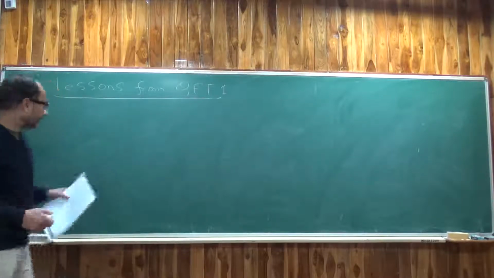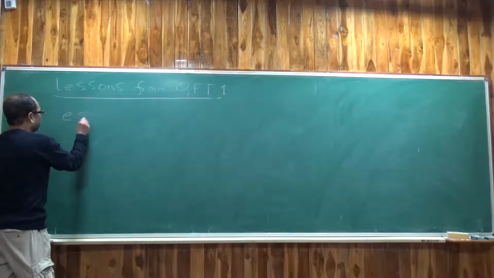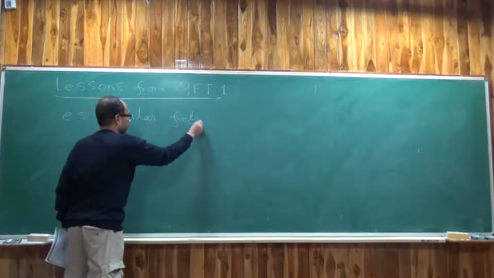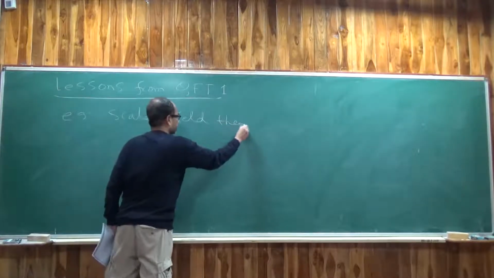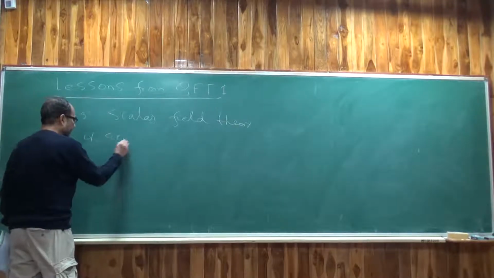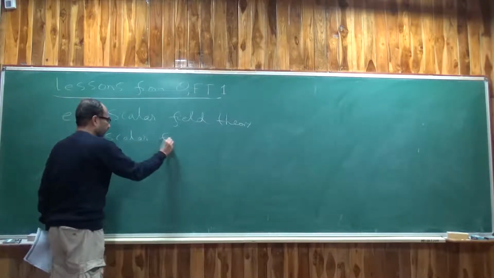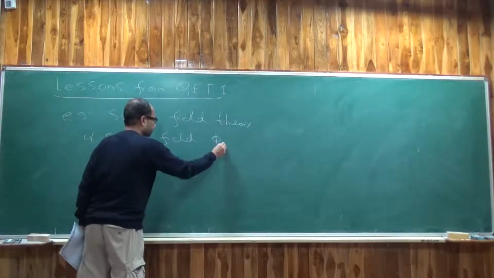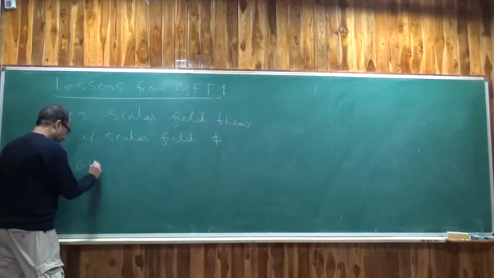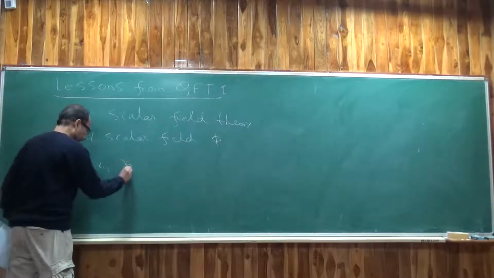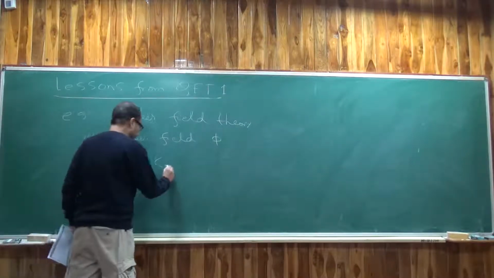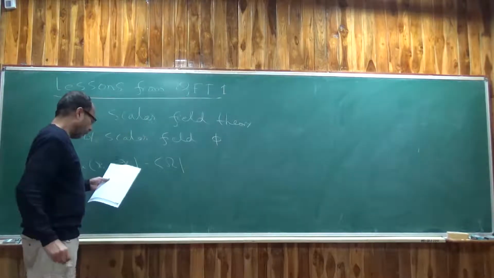So for example, if we take a scalar field theory, say with a scalar field phi. Okay, let's suppose we take a single scalar field. Then the Green's function is a time ordered product, vacuum expectation value of the time ordered product of operators.